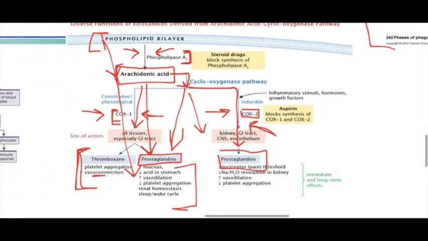Your corticosteroids, like your general corticosteroids, your dex and so on, are working on this action here, this phospholipase, preventing it from breaking down here, which means it's not going to end up being prostaglandins. The NSAIDs are working here and here, there's a lot of arrows, sorry, to ensure that it doesn't break down into prostaglandins.